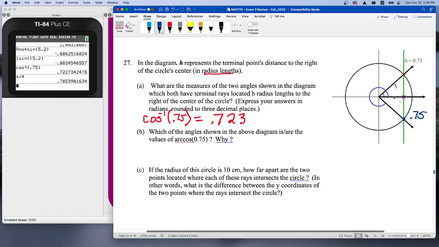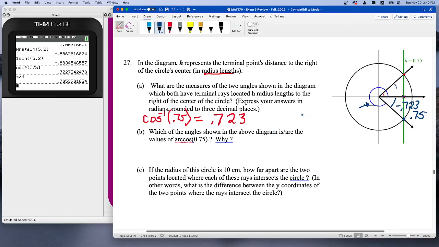It's this measure here. If we went backwards, it would be negative 0.723. And so if you take 2 pi minus 0.723, you would get the blue angle here. This would complete a whole circle, this plus this.